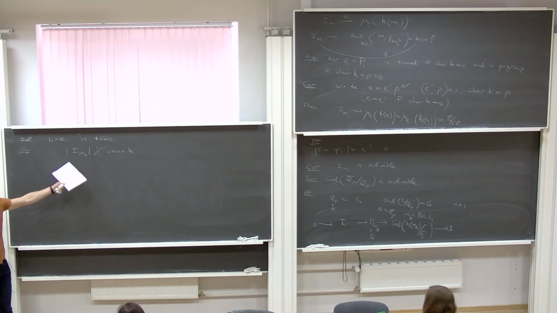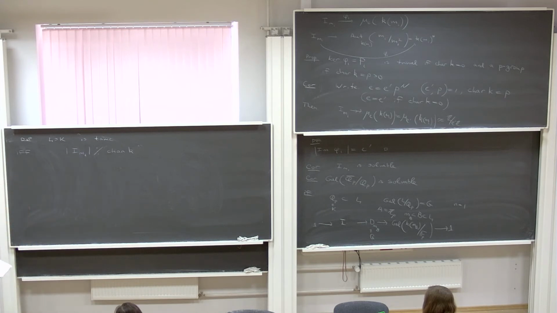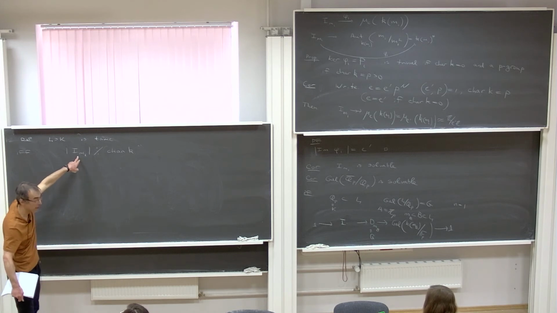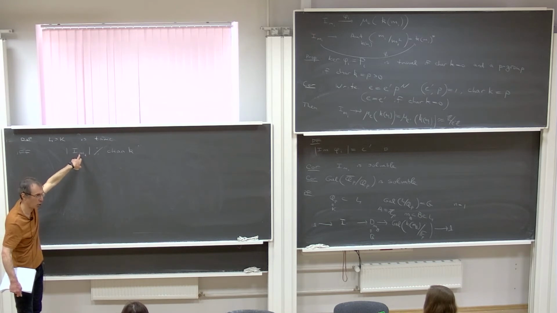Observe that the Galois group acts transitively on the set of maximal ideals, and it follows that the decomposition groups are all conjugate. And also the inertia groups are all conjugate.